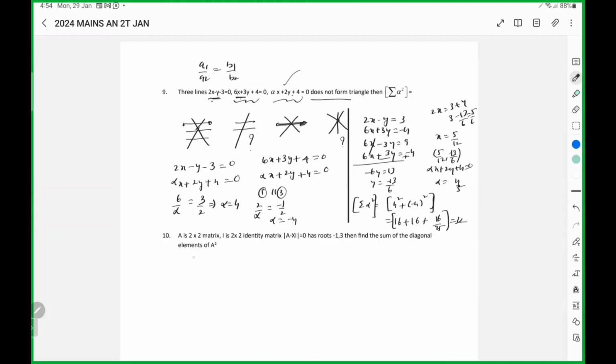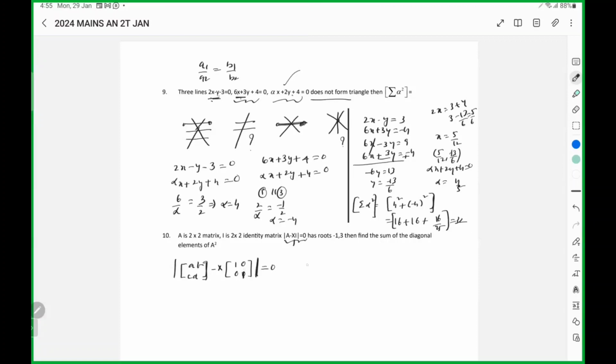Here it is 2 by 2 matrix. It is in fact characteristic equation, that is matrix ABCD minus some x into I, that is 1 0 0 1, equals 0.